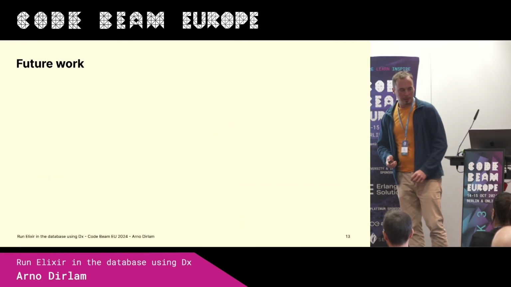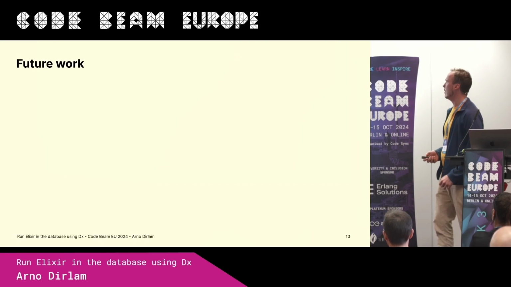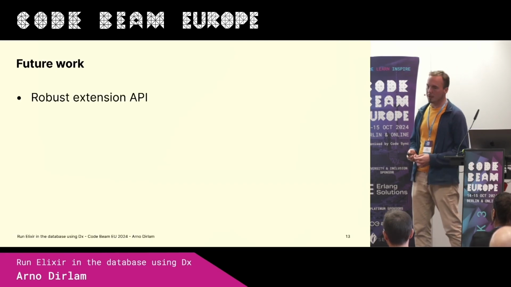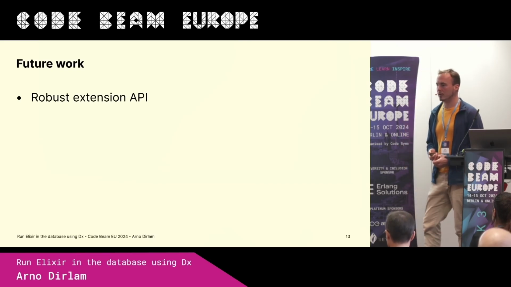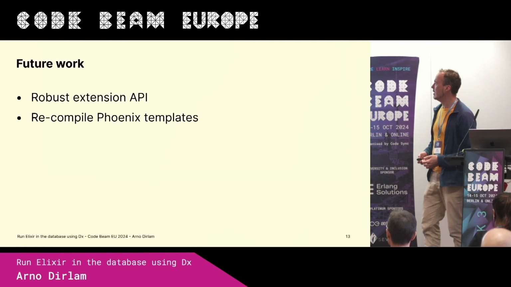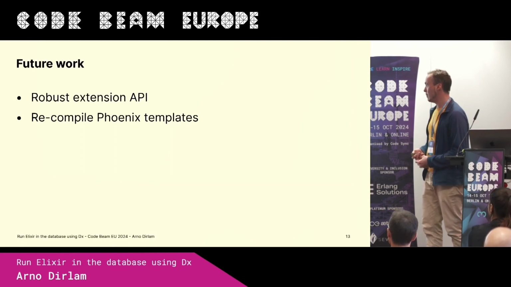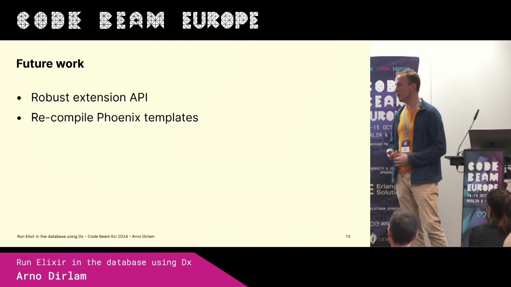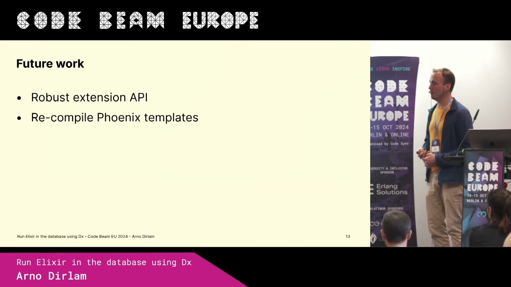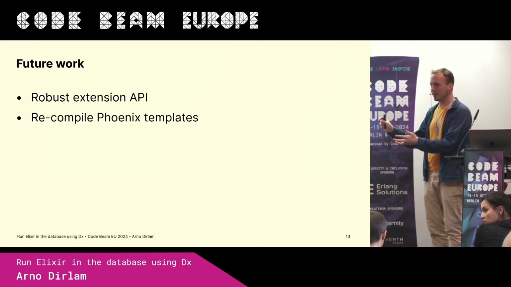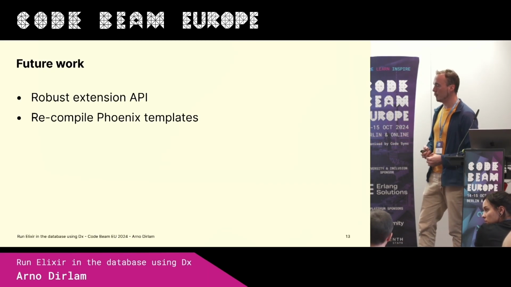Yeah, in the future, I would like to make a robust extension API, so you can also make libraries easily compatible with DX. I would like to apply it to Phoenix templates or components, because basically once they are compiled, they are just functions returning binary lists, and this is actually a good fit.